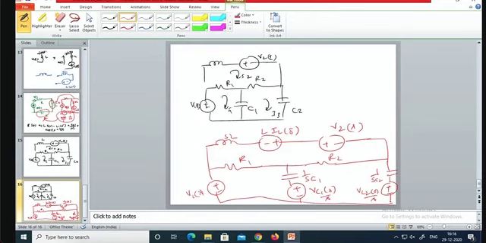Now you can just simply apply the KVL as you have done in mesh analysis. That suffices for the problem. That's all. Clear?